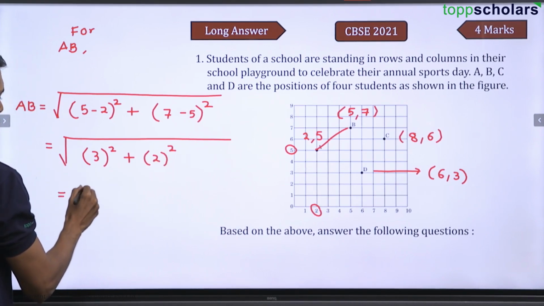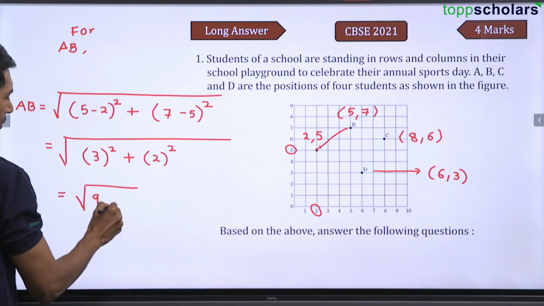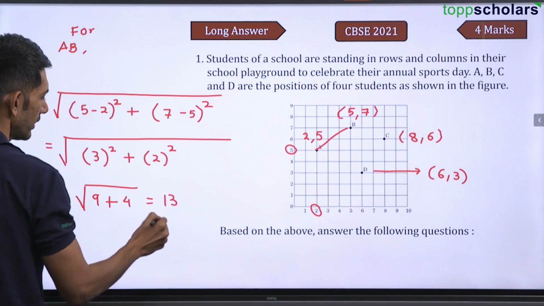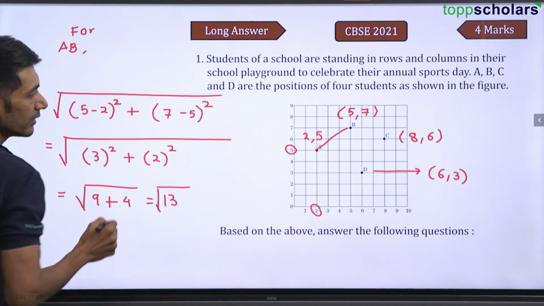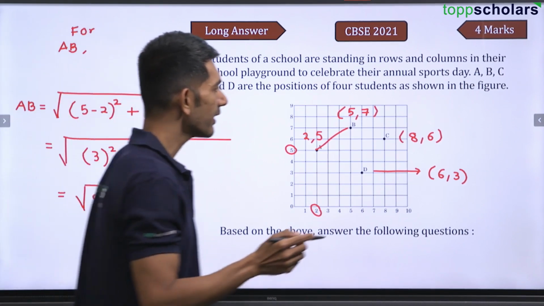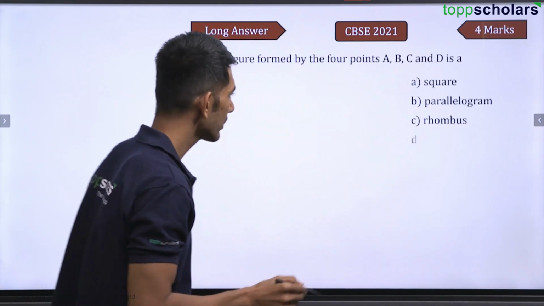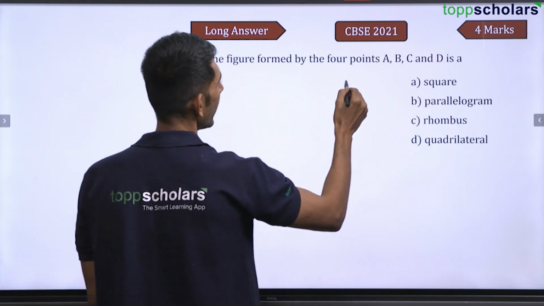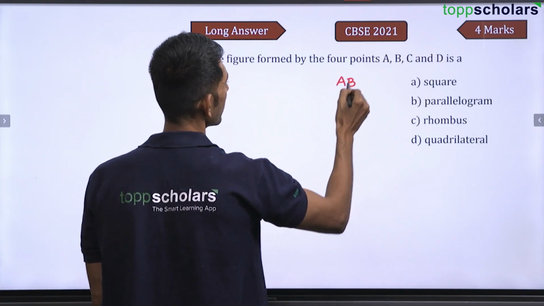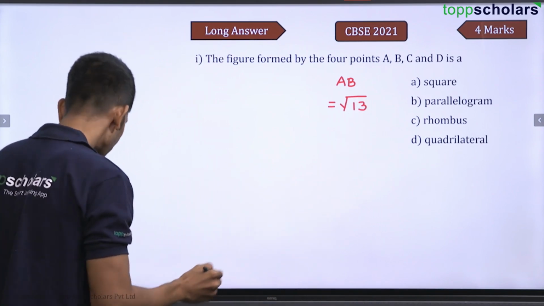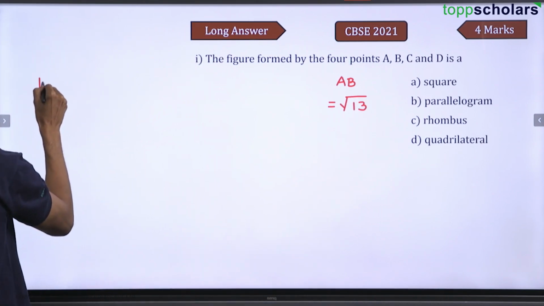So 3 square is 9, 2 square is 4, 9 plus 4 is 13, but you have to take the under root, right? So distance AB is under root 13. Okay, no problem. Let's note it down somewhere. So I have distance AB as under root 13.